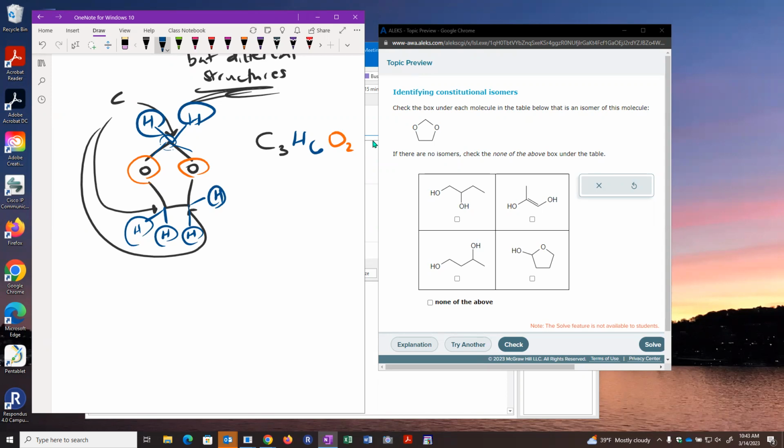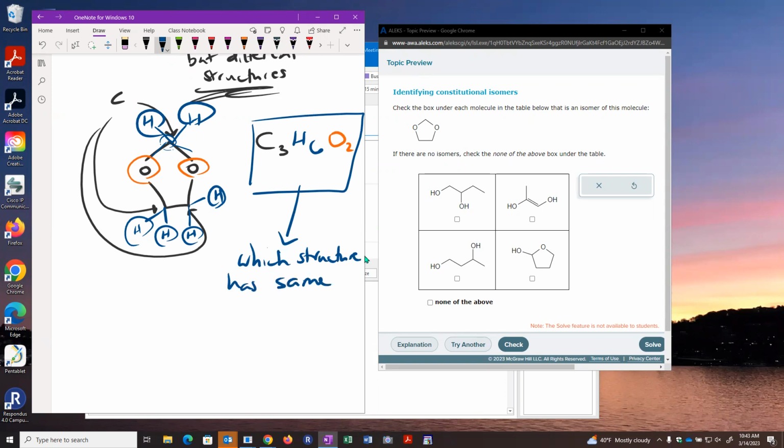So what we need to do is to go through and look at these options, and we need to decide which other structure has the same components, the same number and types of atoms.